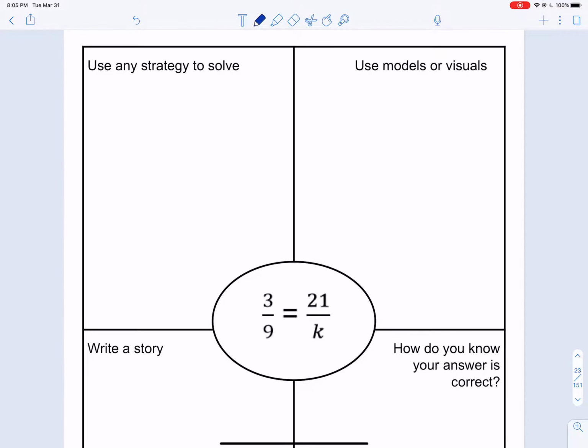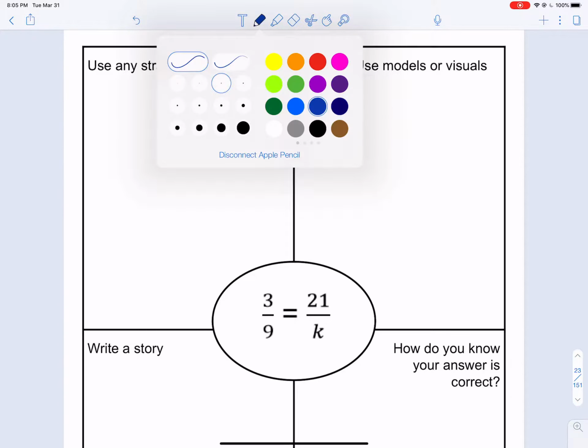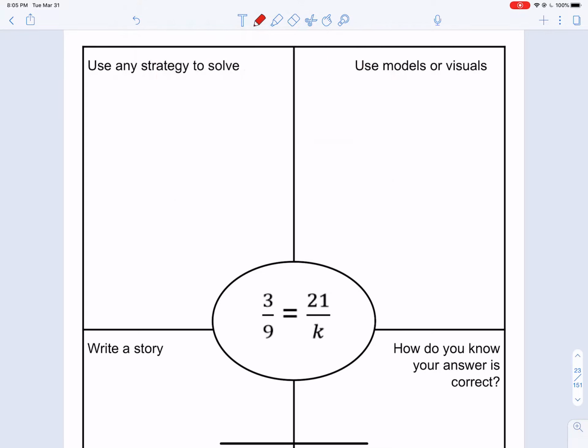We could use what we did in the previous page and look at equivalent fractions. For example, 3, and I wanted to have a 21 here, so 3 times 7 is 21. If I multiply by 7 on the bottom, 9 times 7, we get 63. So that's one way to do it.